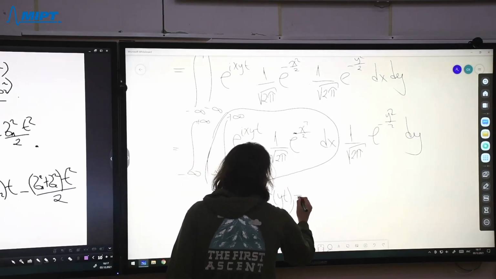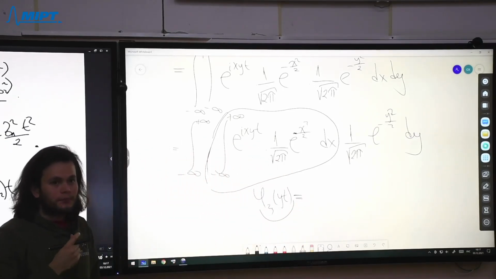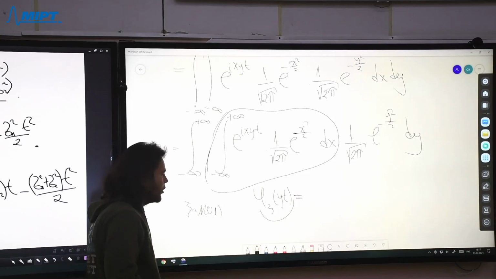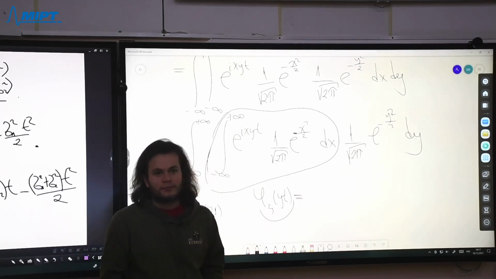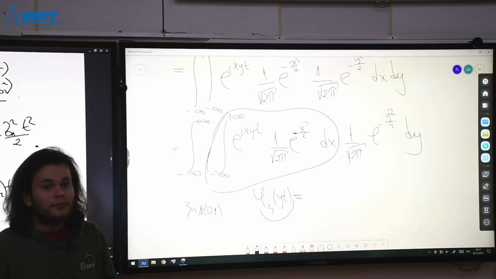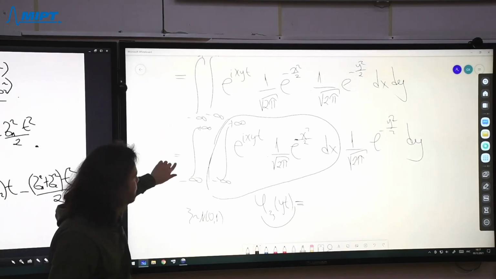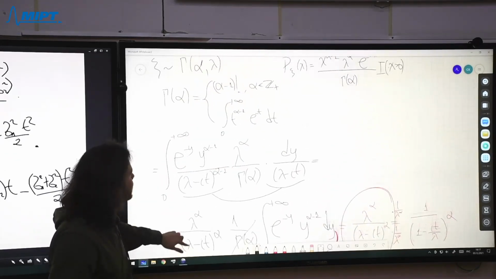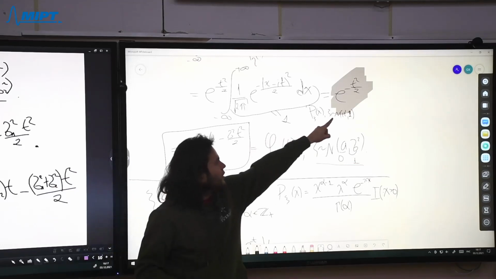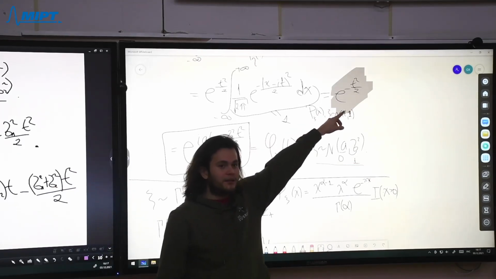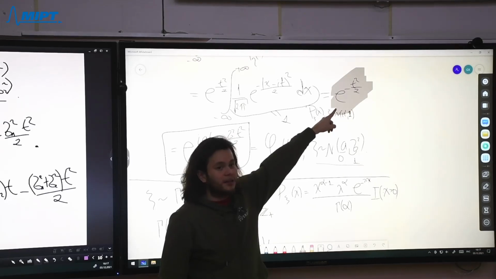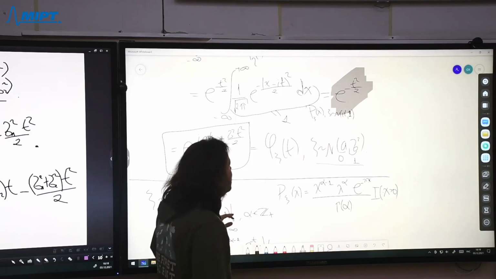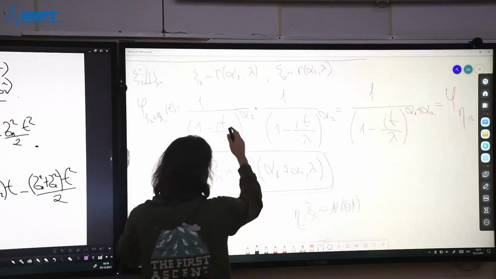What is this equal to? We know that psi has a normal distribution with parameters 0 and 1. If psi has a standard normal distribution, this is its characteristic function, and the only thing we need to change is the point.